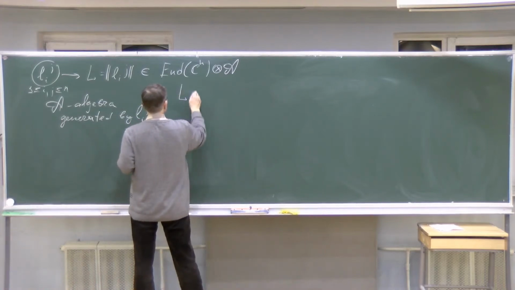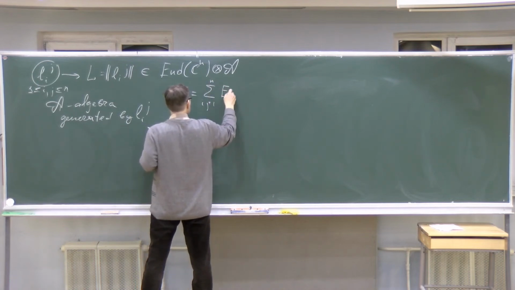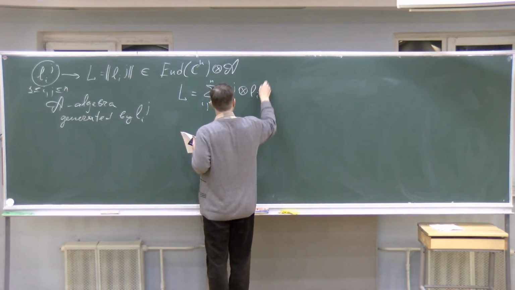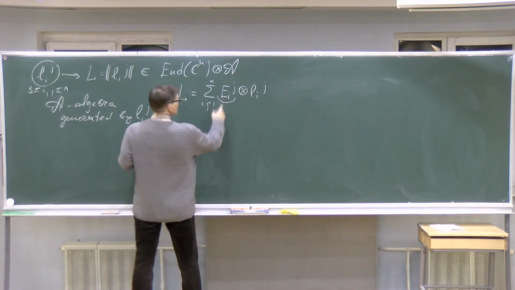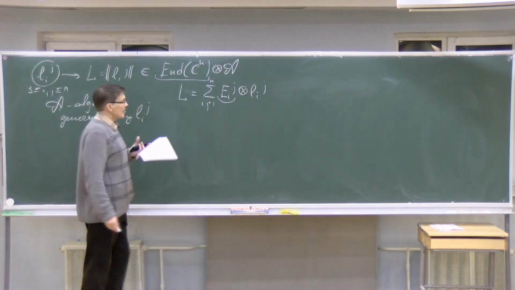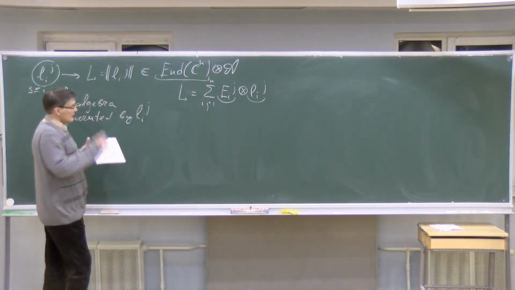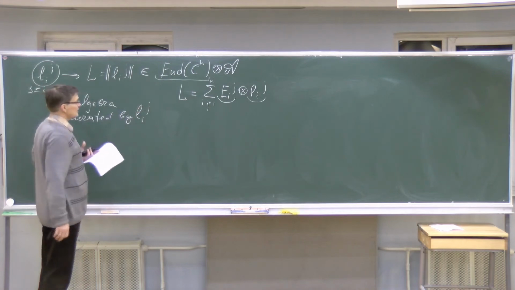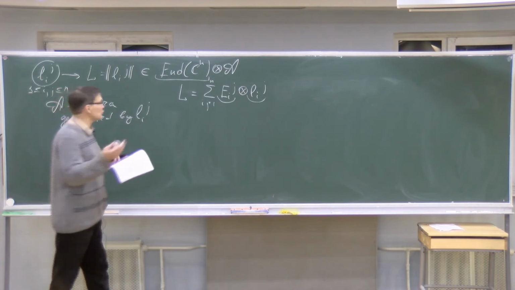Namely, L is the sum of e_ij tensor L_ij. So this is the basis of usual matrix units in this finite dimensional space, and these objects are elements of our algebra A. If you look at this definition, we can define what is a matrix multiplication of non-commutative matrices.